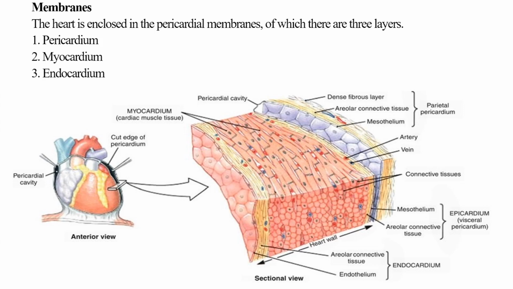The serous pericardium is further divided into two layers. The outer serous pericardium is the parietal serous pericardium, and the inner serous pericardium is the visceral serous pericardium, which is also known as the epicardium.